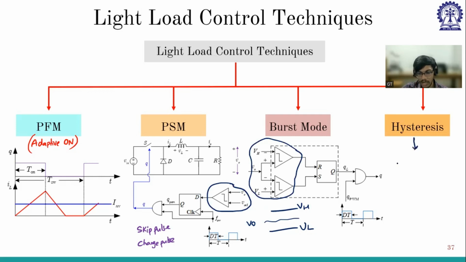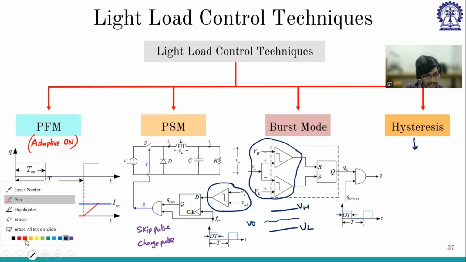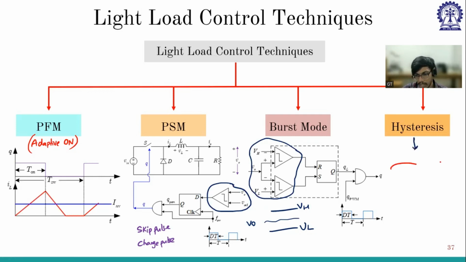Similarly, if you say current hysteresis control, there will be two limits. This also we have discussed: current hysteresis, mixed signal current hysteresis, peak, valley, average. So they will have this I peak and this I valley. The current starts from here, and until it hits the limit it will be on, then off, on, off, on, off.